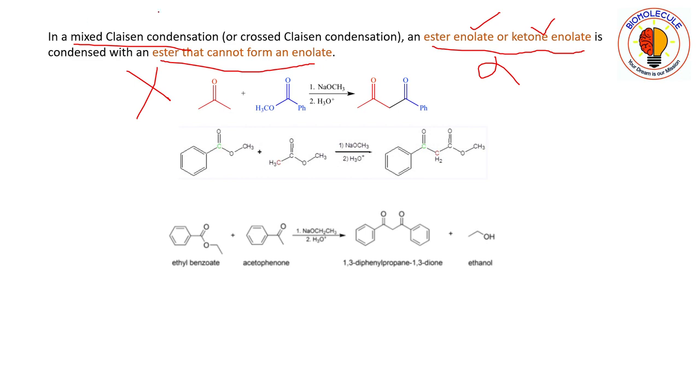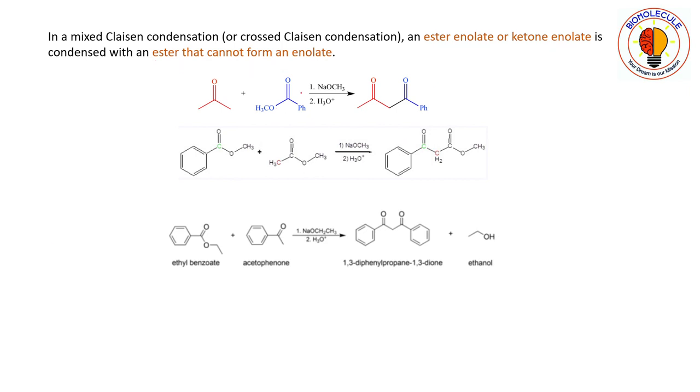So now in mixed Claisen condensation, or crossed Claisen condensation, one ester will have alpha hydrogen, which will form an ester enolate, and another will be devoid of any alpha hydrogen, that is, the ester cannot form an enolate. Let's look at the same mechanism.